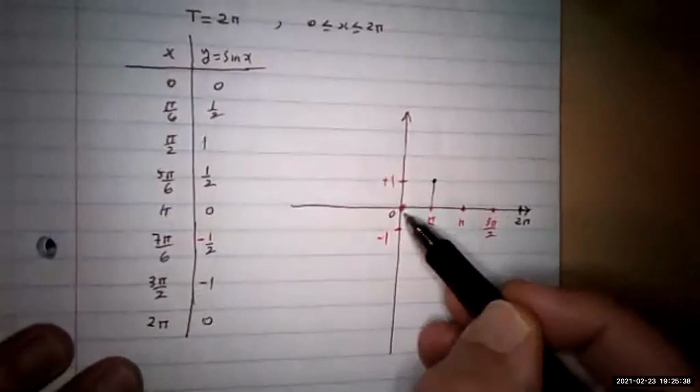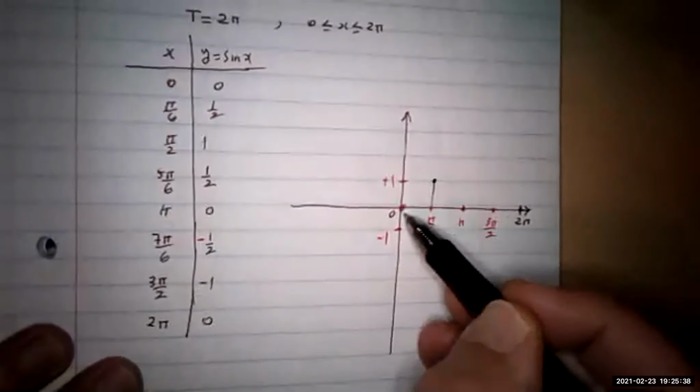Suppose you want to extend it to the negative. So this is a negative 2 pi divided by 4. That gives you the 4 parts. So this is going to be negative pi half, negative pi, negative 3 pi half. So what's going to be your function?